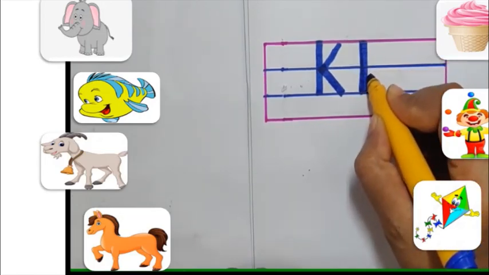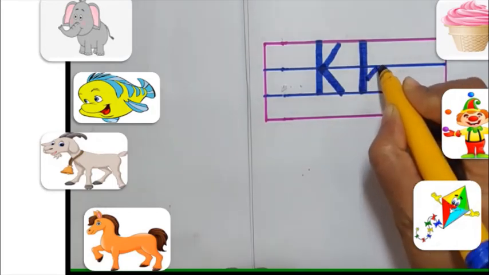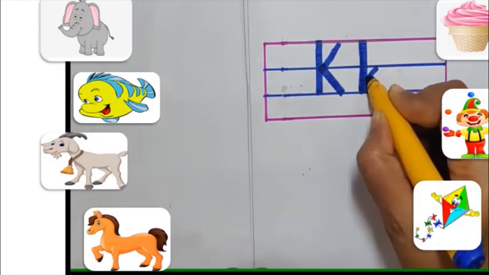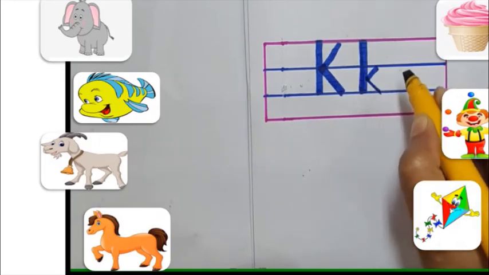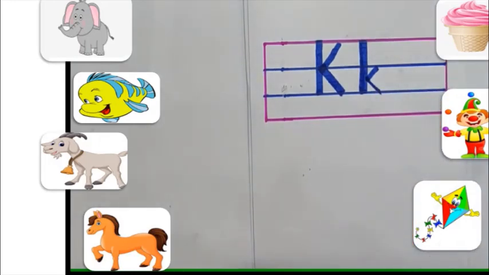Here we have to make the slanting line from between the two blue lines, that is small k. What sound does K make? Correct. K, kite.